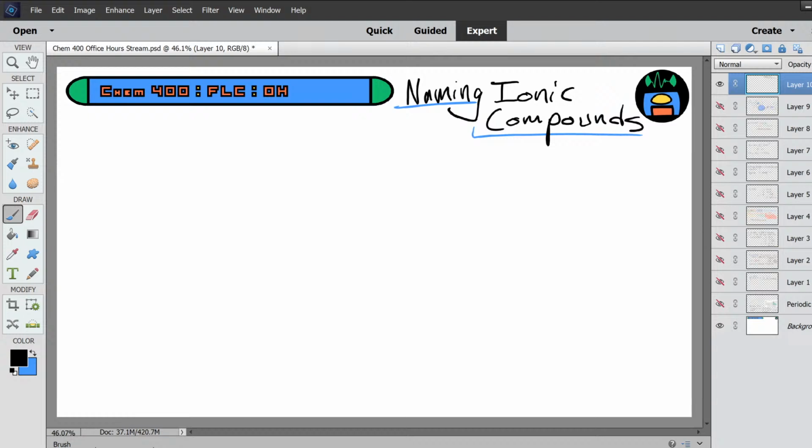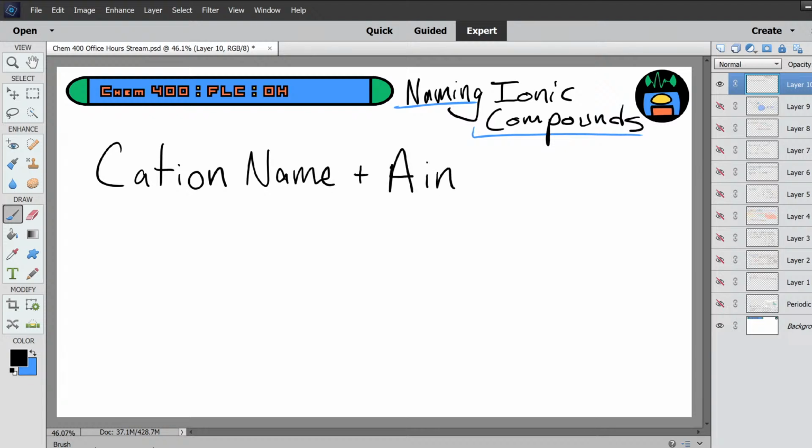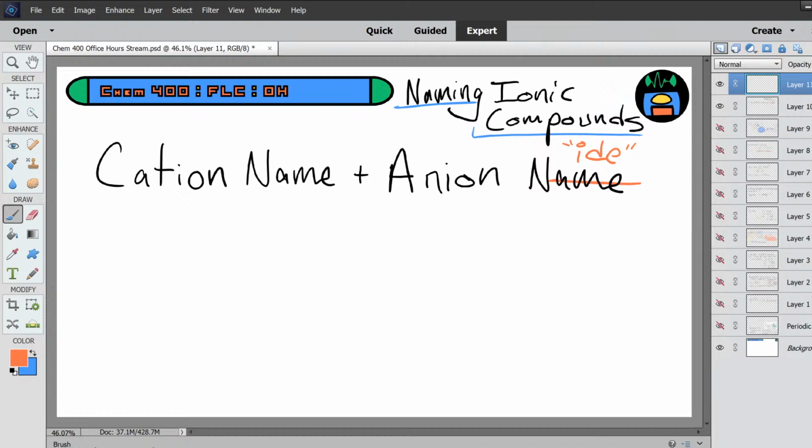It is the cation name plus the anion name, and the only thing you have to change is the very end of the anion name: you change it to an "ide." All right, that is naming every ionic compound. Cation name plus anion name with an "ide."